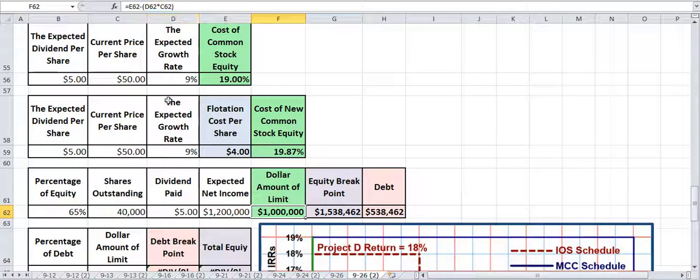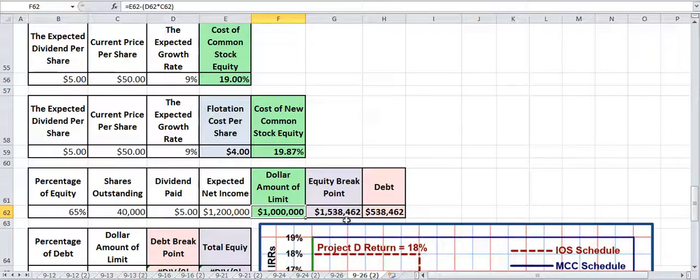So I'm multiplying 5 times 40,000 and subtracting that from the expected net income, and that gives us the dollar amount, a limit for equity of 1 million. And since that has to be 65% of their total capital, so their equity breakpoint: 1 million is 65% of 1.538 million, which gives us the total.